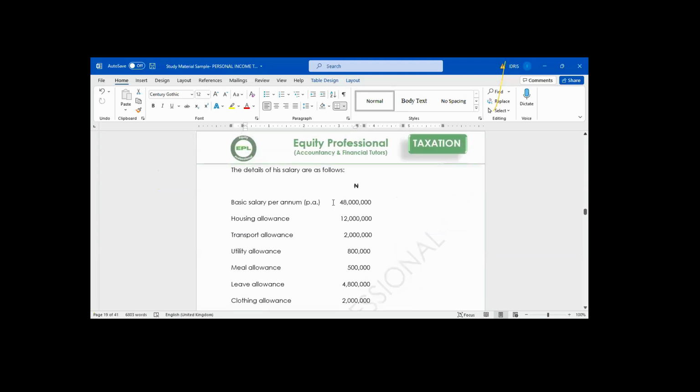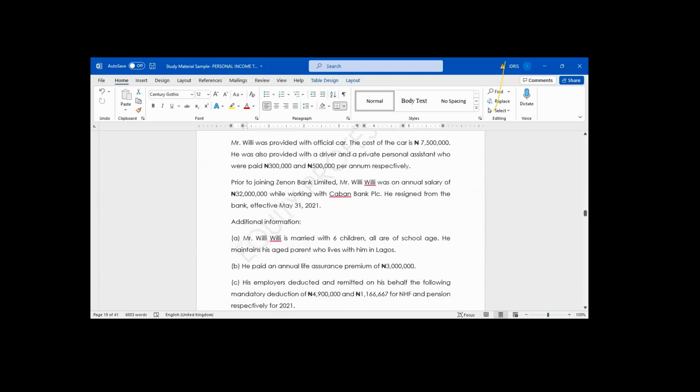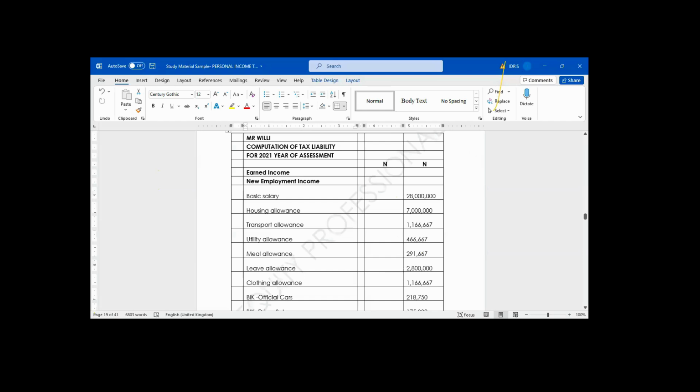How many months do we need in our computation? 7 months. So 7 over 12 times 48 million naira. Use your calculator. That will give us 28 million.